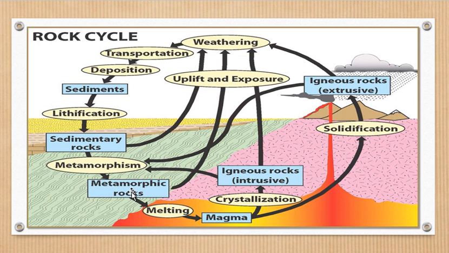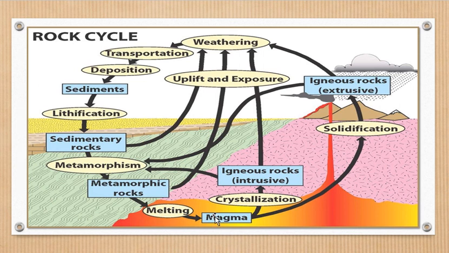Now, once metamorphic rocks are formed, they can be broken into pieces or undergo weathering, the same process. Or the metamorphic rocks can be melted within the earth, so they become magma.